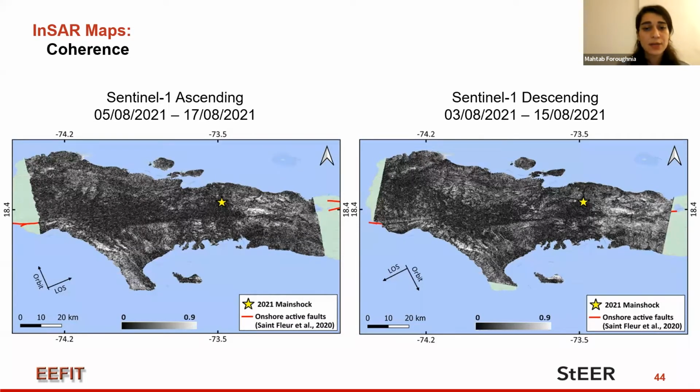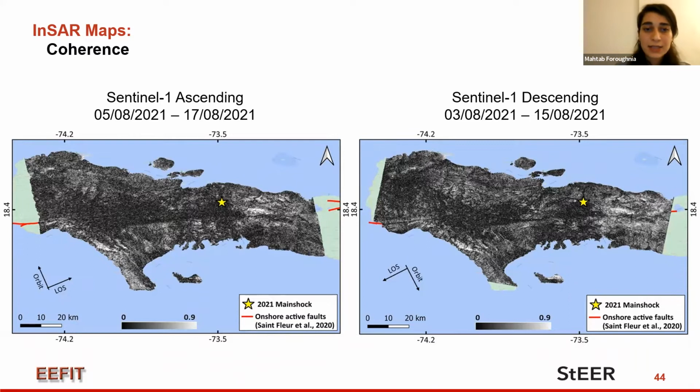Coherence values range from 0 to 1, in which the lower values, which are shown here as dark pixels or black pixels, represent changes on the ground surface. So based on the coherence map, we are able to get information on the areas with changes after the earthquake, for example, areas with damages after the earthquake.